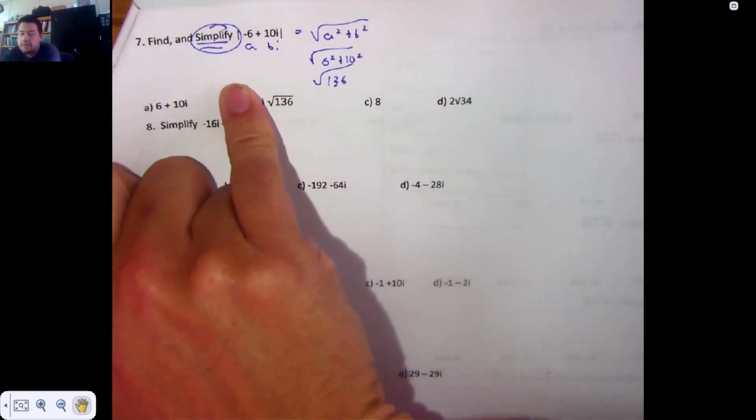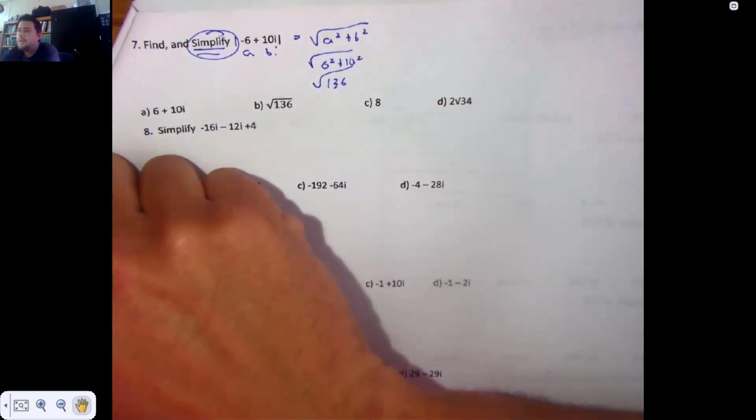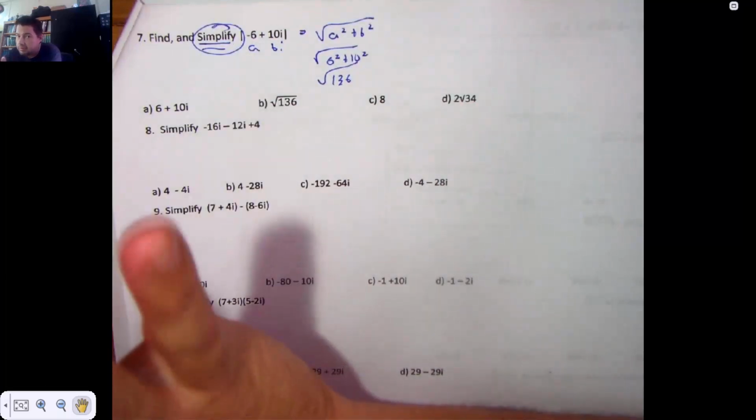So I would have 6 squared plus 10 squared, which is the root of 136, but it says simplify. 136 is even, so you should try dividing it by something even that you can take the square root of, like 4. It turns out that 136 is 4 times 34, and the root of 4 is 2. Choice D.